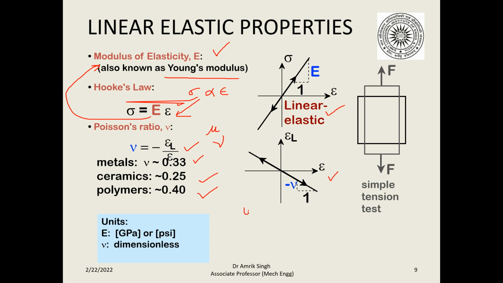Normally the value of the Poisson ratio varies from 0.3 to 0.5. E has the unit GPa, and nu is dimensionless. So these are the two properties: one is the modulus of elasticity, and another is the Poisson ratio.